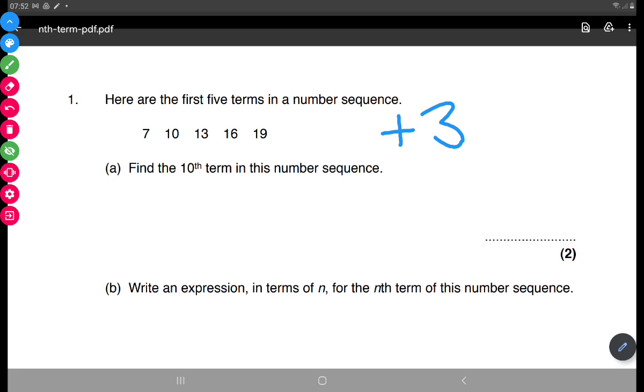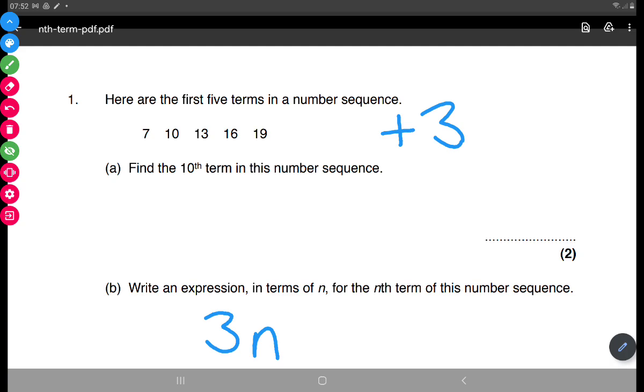If you are adding 3 each time, what we do is we multiply n, and remember that n refers to the term, its position in the sequence. So if we wanted to find the 8th term in that sequence, we would replace n with 8.